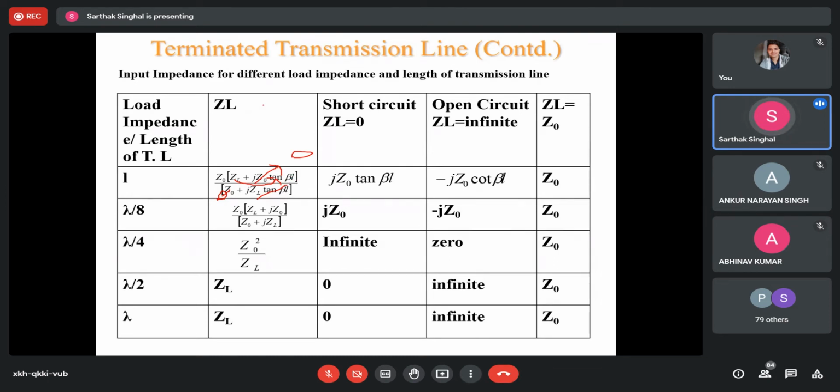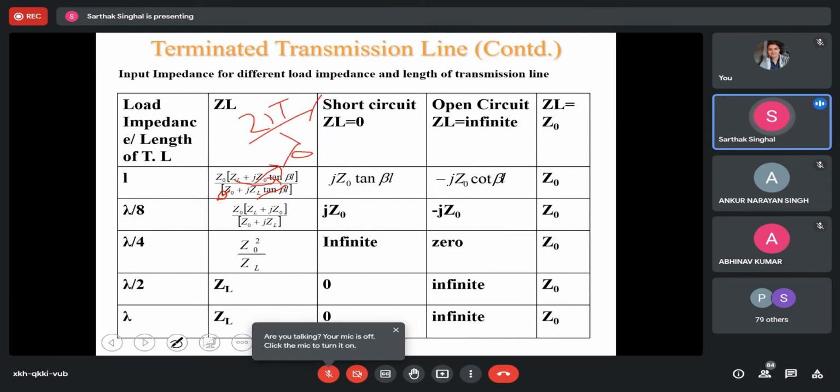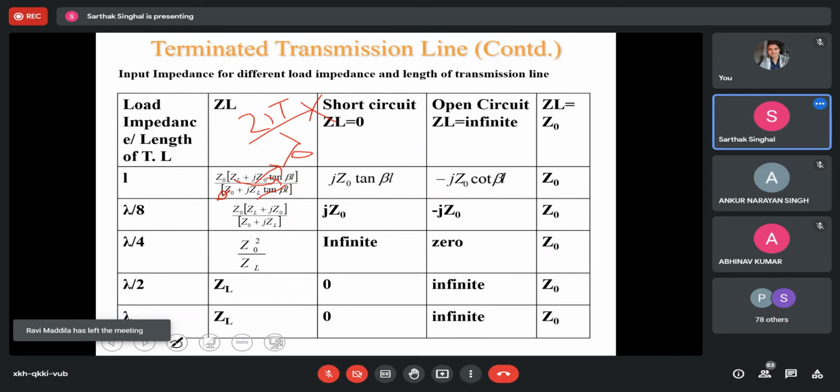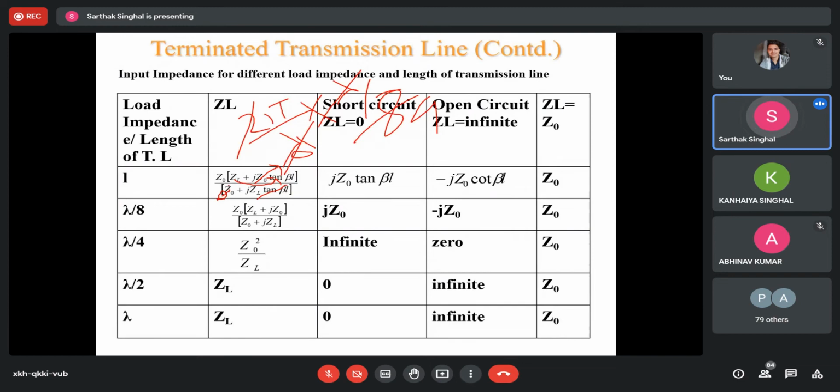The beta is given to be 2 pi by lambda into L, and L is given by lambda by 8. So lambda will cancel out and you will be left with pi by 4. So tan beta L, that is tan pi by 4, is 1. So what is left is Z naught into ZL plus J Z naught upon Z naught plus J ZL, right?